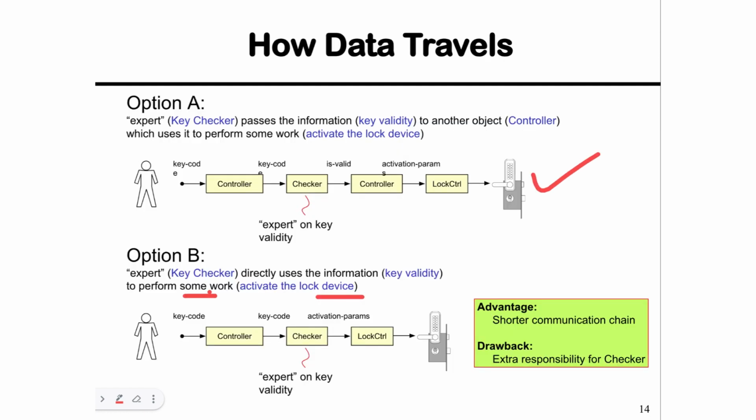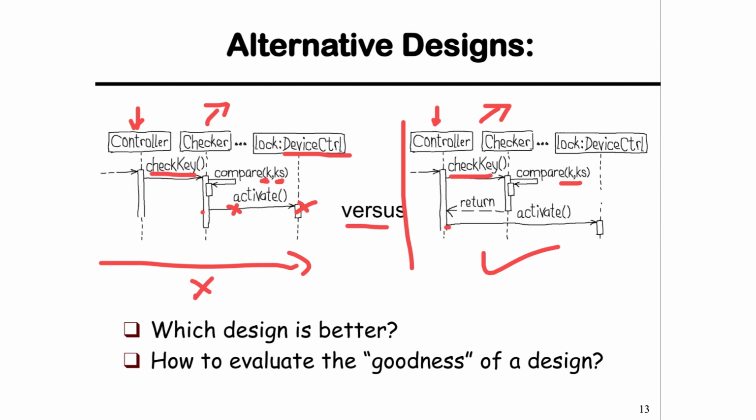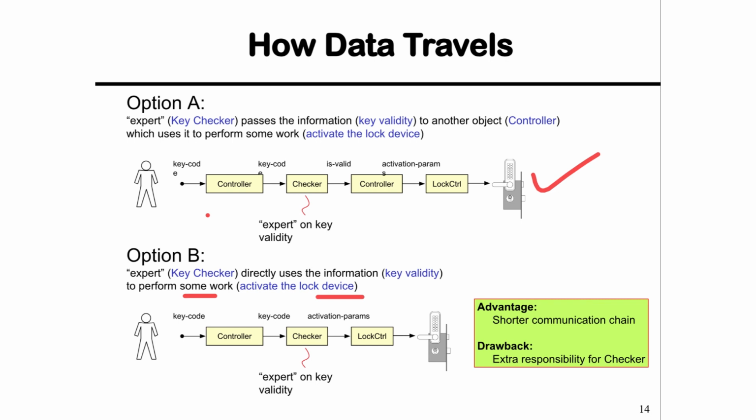The wrong approach. The advantage of the wrong approach might be a shorter communication chain, because here it doesn't have to communicate back to the controller. But the drawback of this kind of approach is extra responsibility for the checker component.